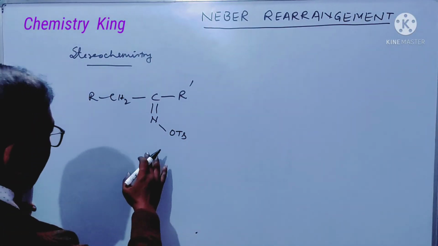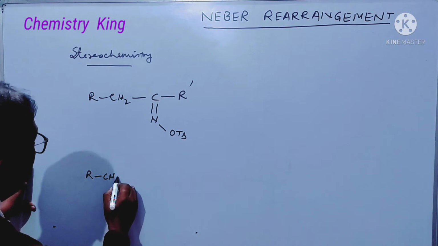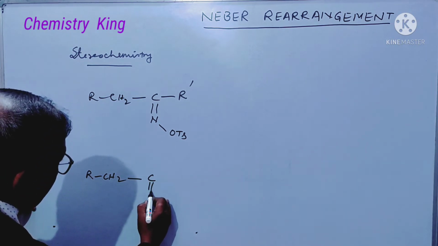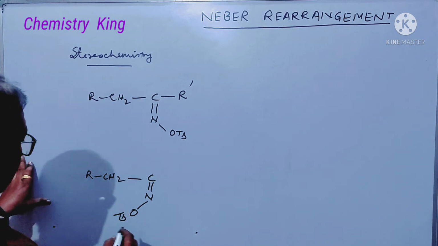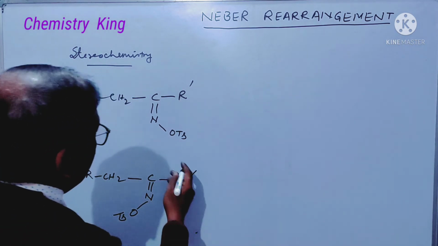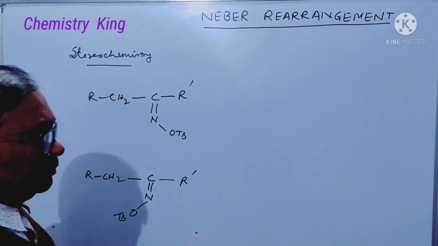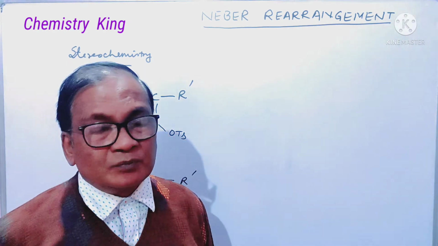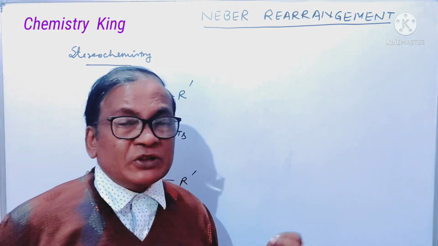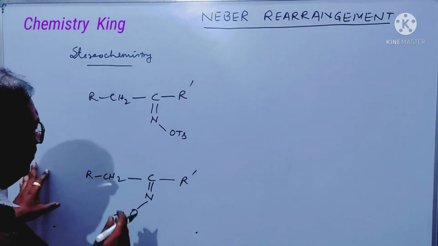Okay? Its geometrical isomer will be RCH2 C double bond N OTS R dash. These 2 are the geometrical isomers of ketoxime here. Which will be syn and which will be anti? Let us see also here.